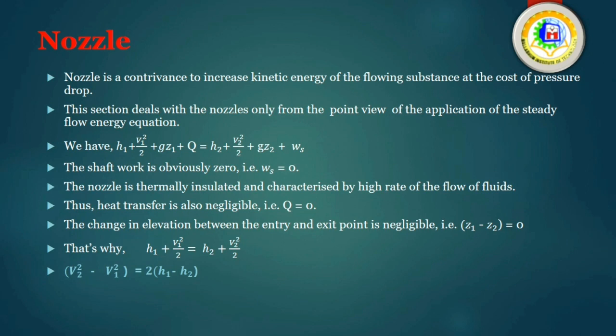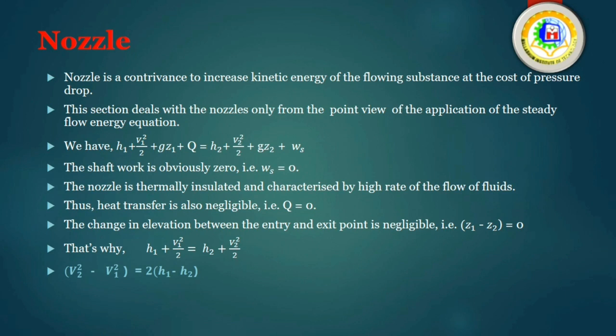The shaft work is obviously 0, so WS is 0. The nozzle is thermally insulated and characterized by a high rate of flow of fluids. Thus, heat transfer is also negligible, so Q is also 0.